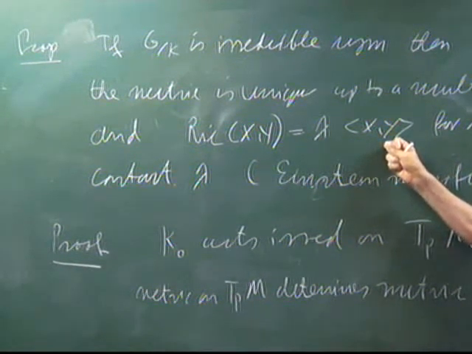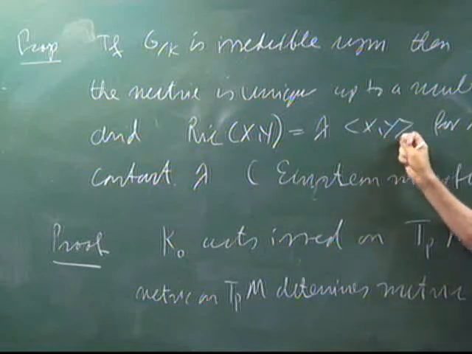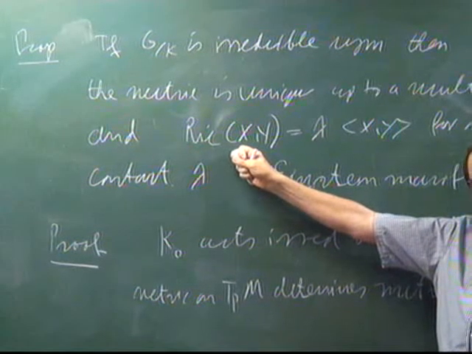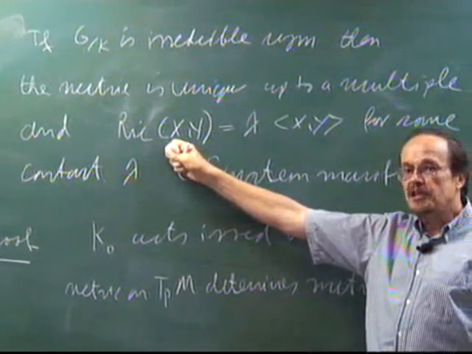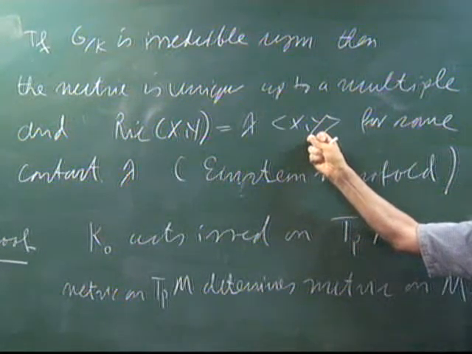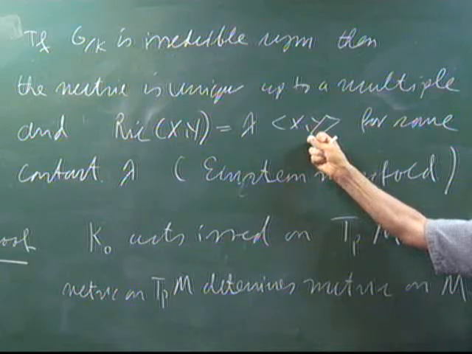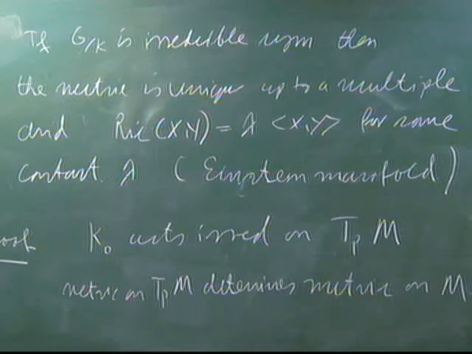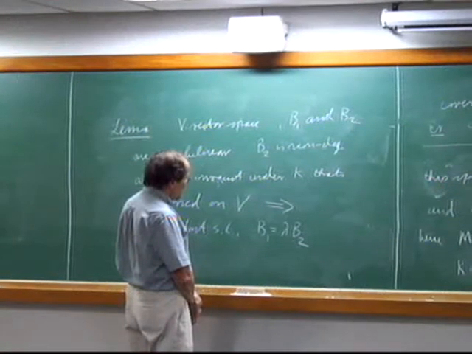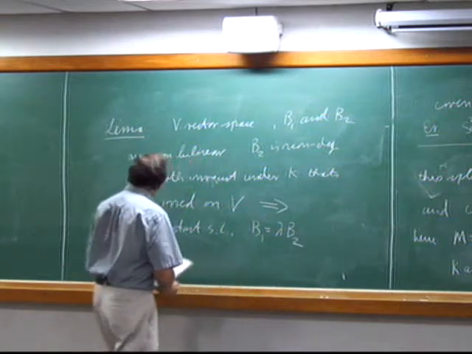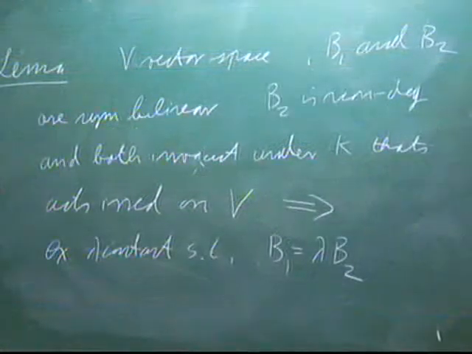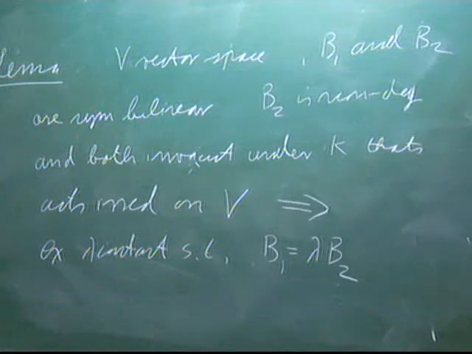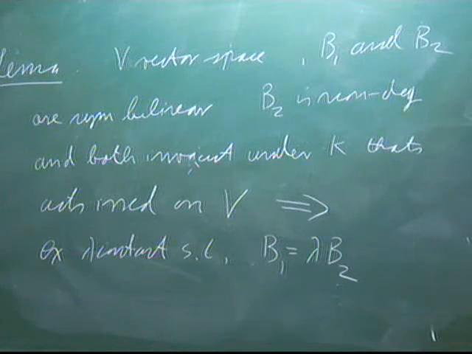This one is non-degenerate. This one may not be. But it doesn't matter. The one that's possibly degenerate is a multiple of the non-degenerate one. Okay. So that's the most general version of this kind of Schur's lemma. One often sees it only formulated for non-degenerate ones, because they both are, but you don't need that. So what's the proof? How does one prove that? For those who've seen it before.